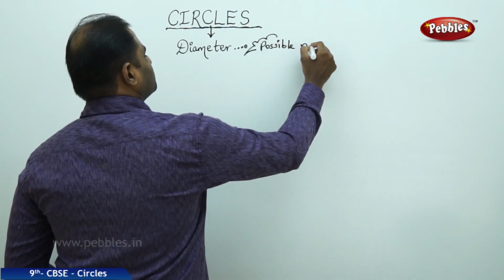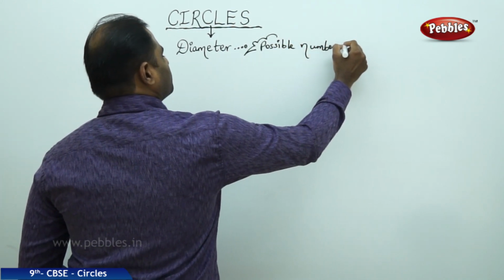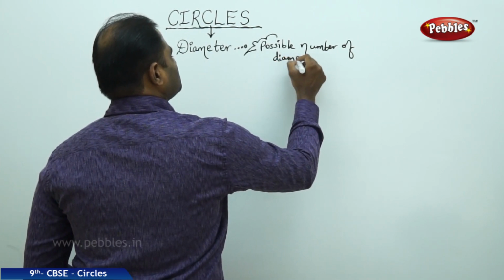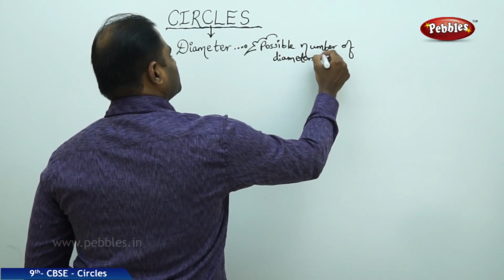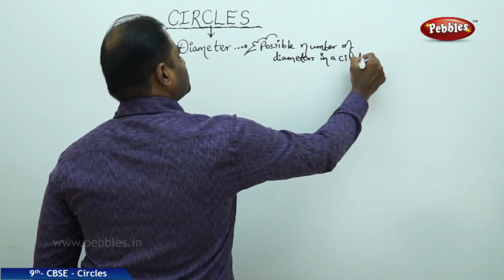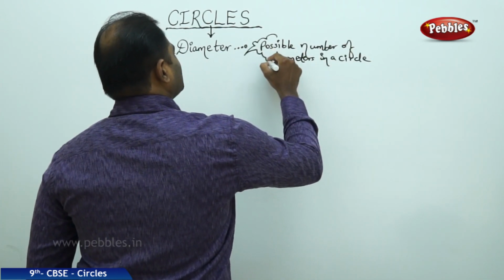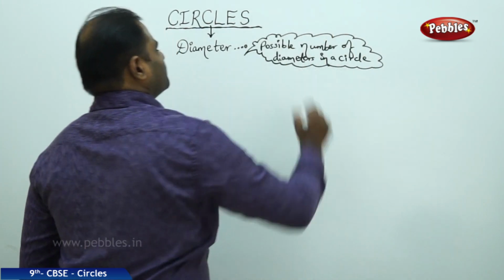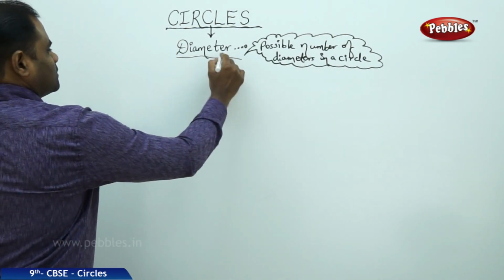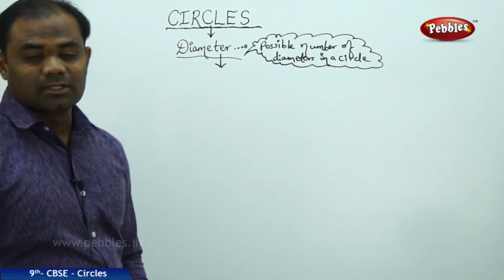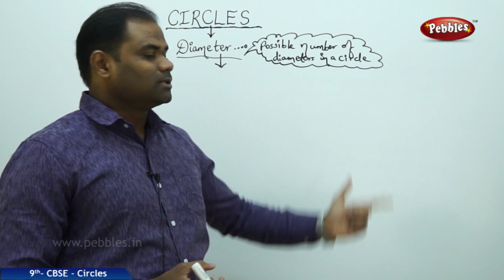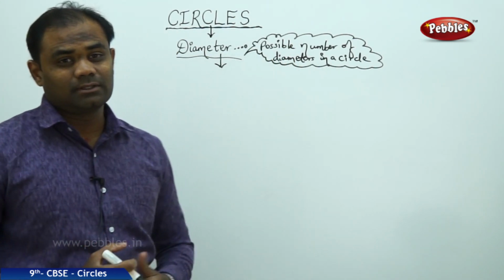So let's take a circle into consideration and investigate the possible number of diameters in the circle.